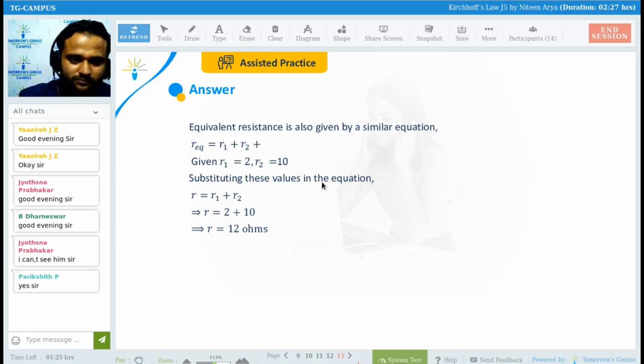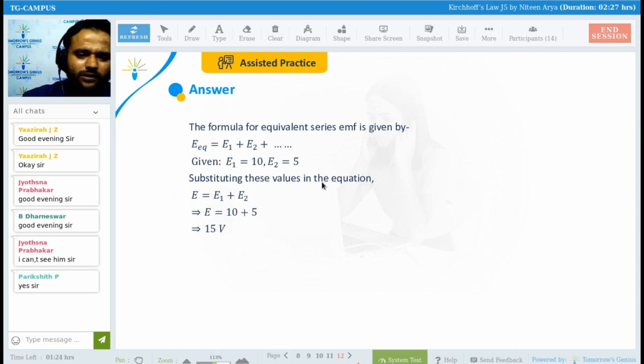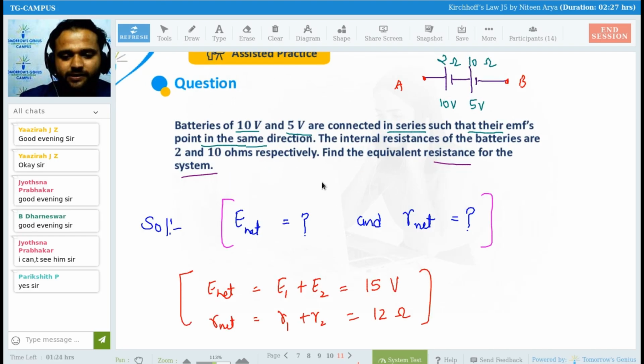Okay, R equivalent is R1 plus R2, and it is going to be plus if it is more numbers. So R1, R2 simply, and here we know E equivalent is E1 plus E2, simply 10 plus 5. The catch here is a simple thing: same direction. If it is written in opposite direction, then E net is going to be 10 minus 5, and it is going to be 5.